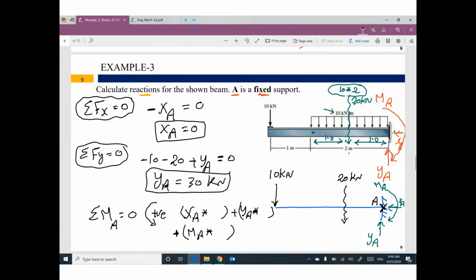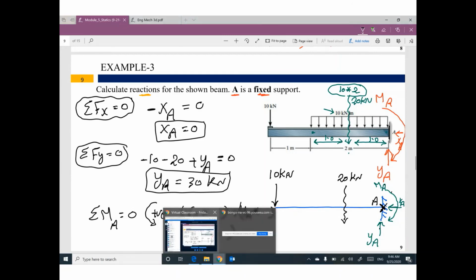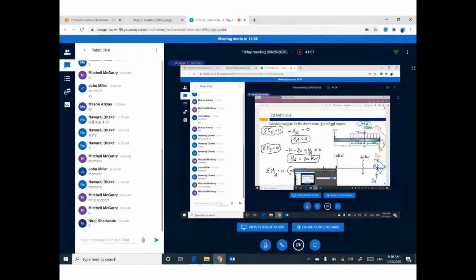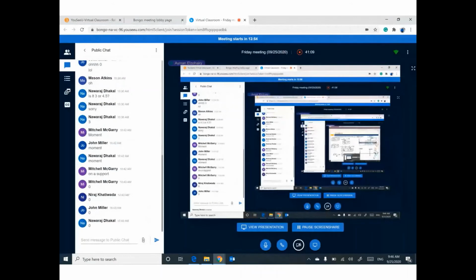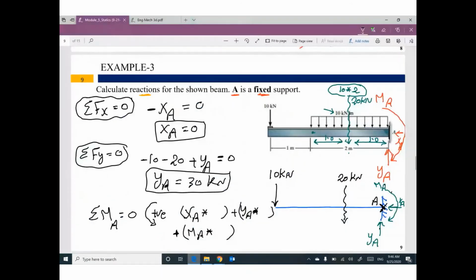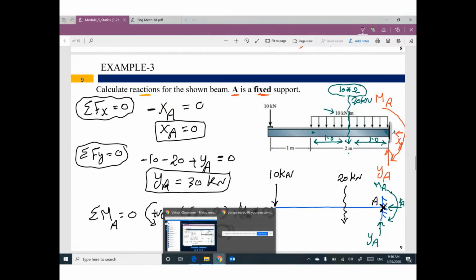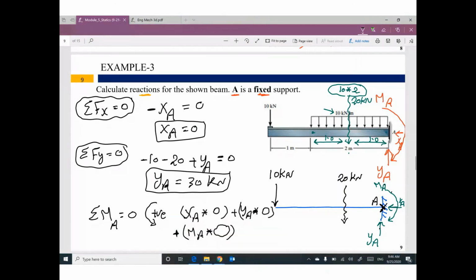What is the distance for XA? What is the distance for MA? Any answer? Okay. So XA will be multiplied by 0. That's right. YA will be multiplied by 0. That's right. My specific question: MA times what? What is the distance for MA?